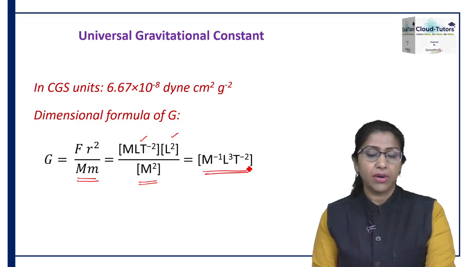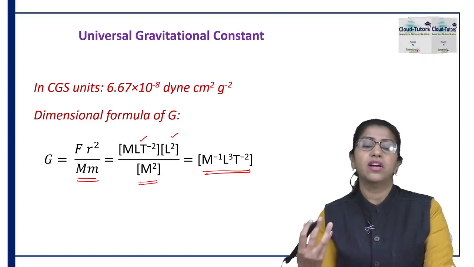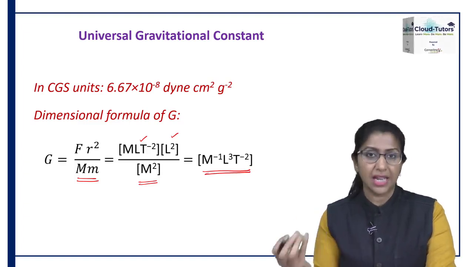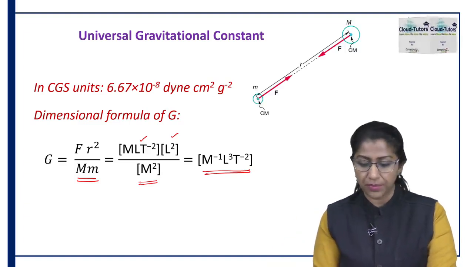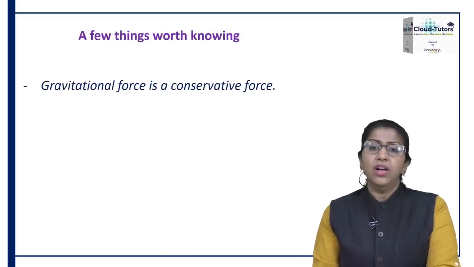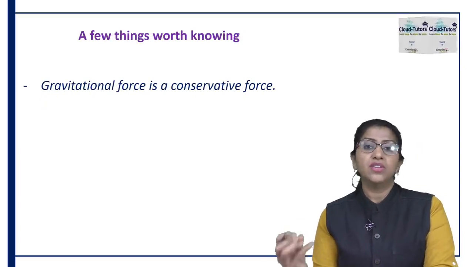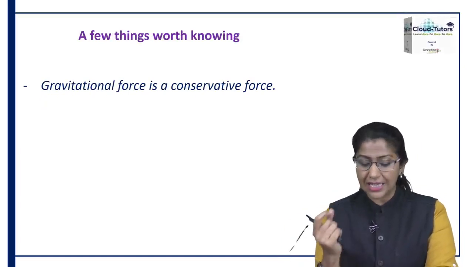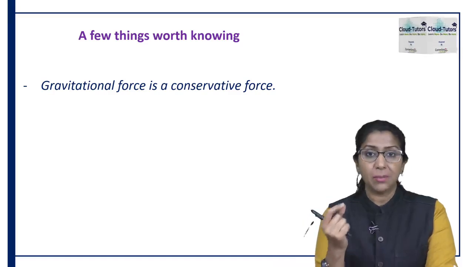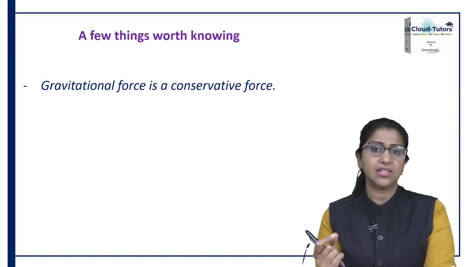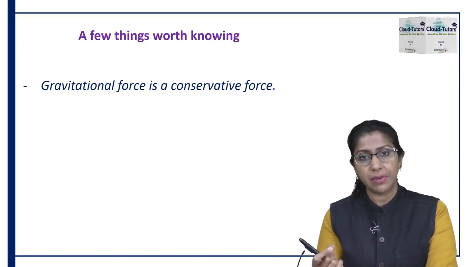This is very important for answering any questions related to dimensional analysis, which is in your first chapter, right? Technically the second chapter. Now, a few things worth knowing about the gravitational force. One thing you need to bear in mind is that gravitational force is always an attractive force. It is never ever repulsive.